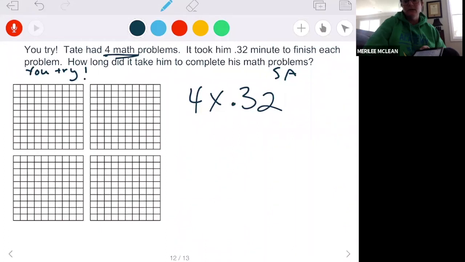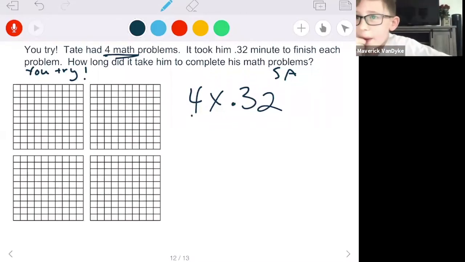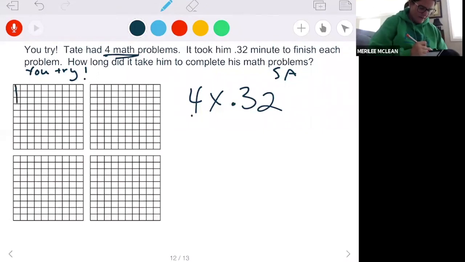Saisha, do you have something going? All right. Maverick, are you done? Almost. All right. So here we go. I'm doing 4 groups of 3200s. So I have 10, 20, 30, 200s. That's one group.